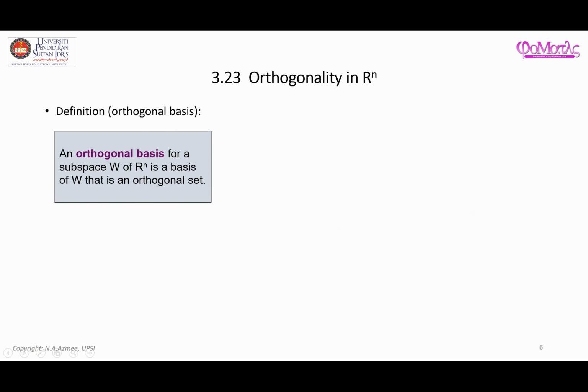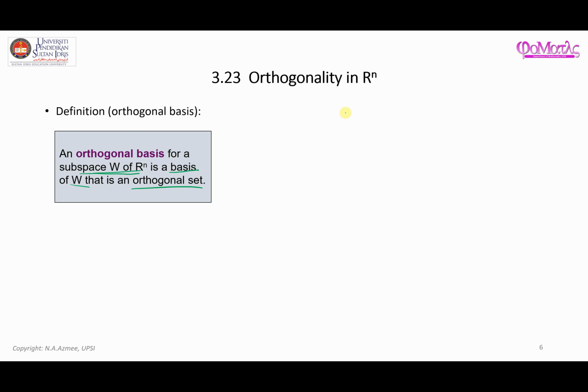Here is the definition for orthogonal basis. It says, for a subspace W of this vector space, an orthogonal basis is a basis of W that is an orthogonal set. Now, how can we visualize this idea?